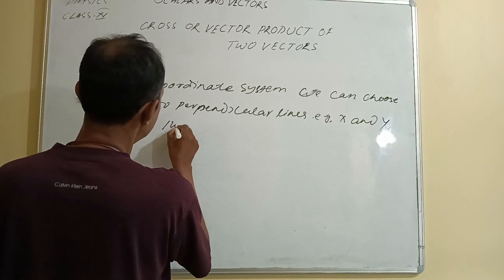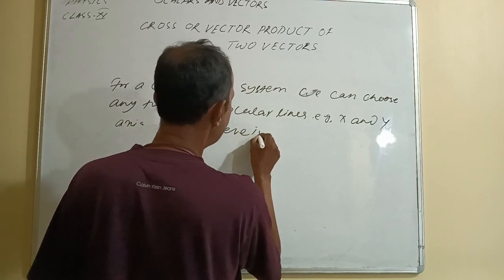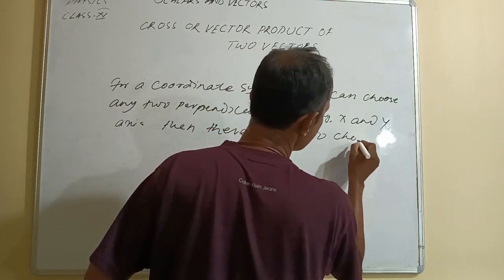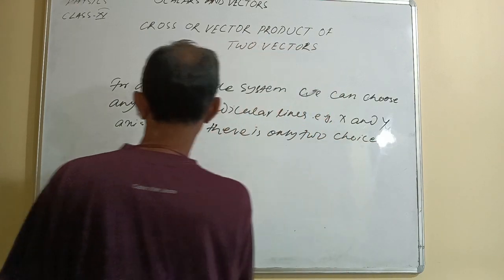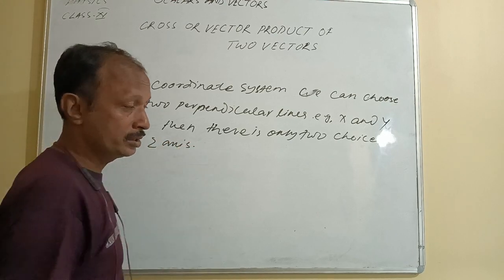Then there are only two choices for z axis. What are the two choices?